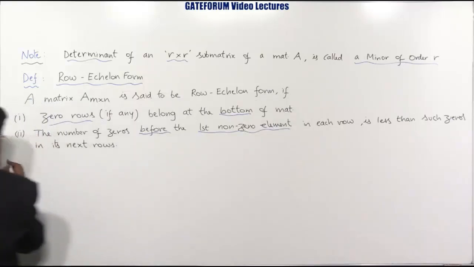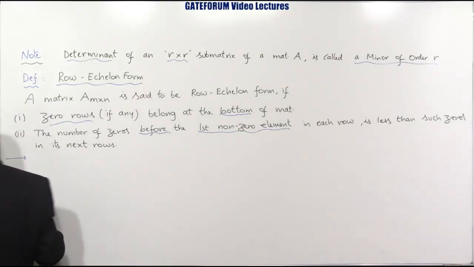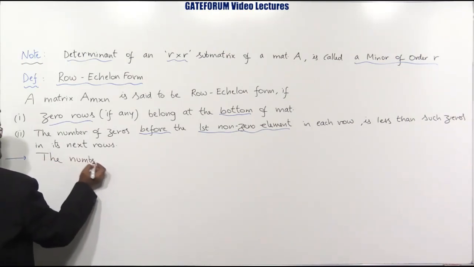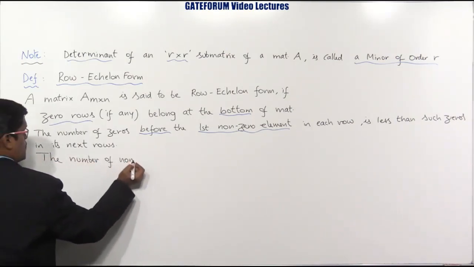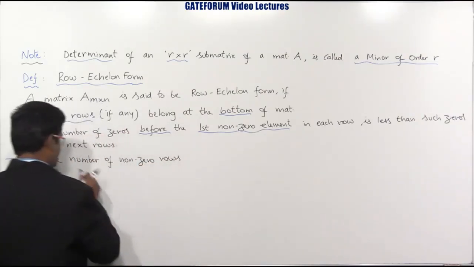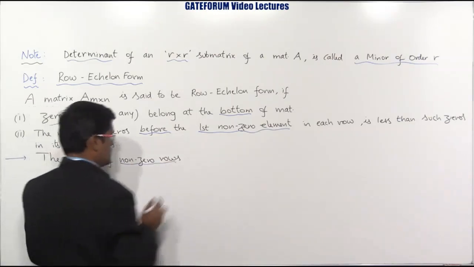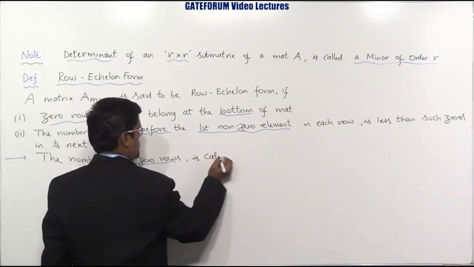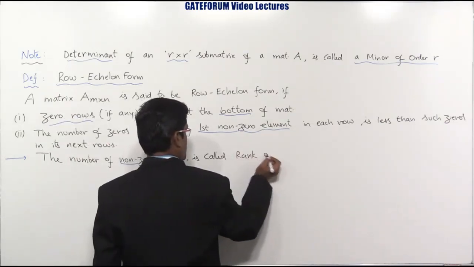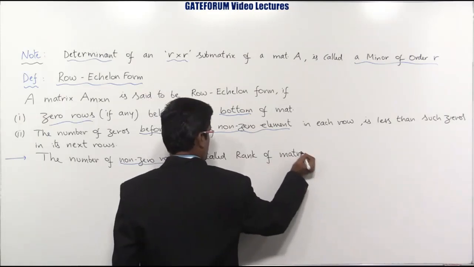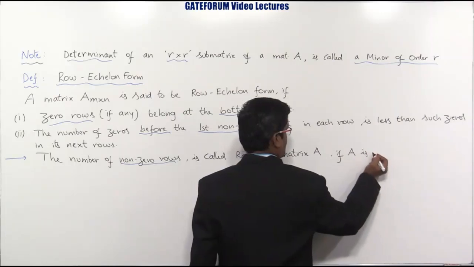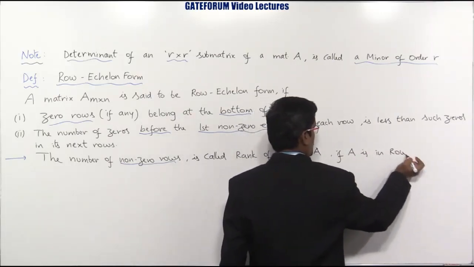Okay, so here I am writing: the number of non-zero rows is called the rank of matrix A, if A is in row echelon form.